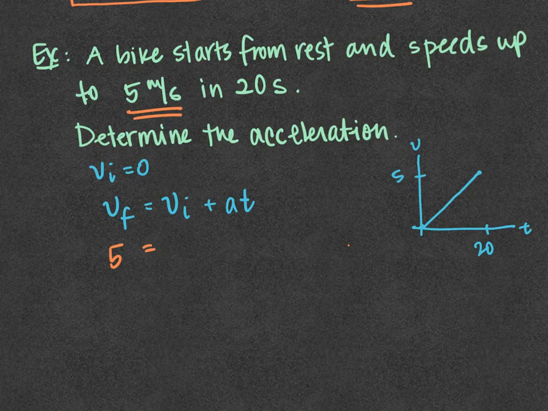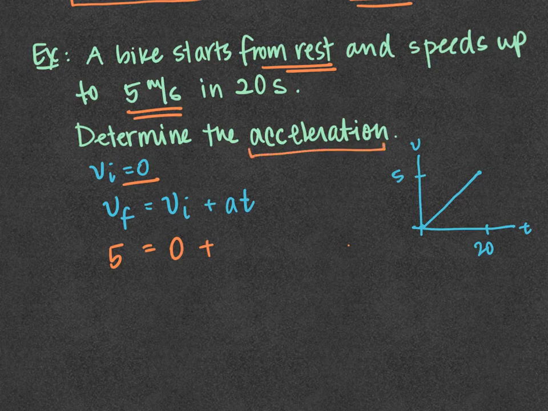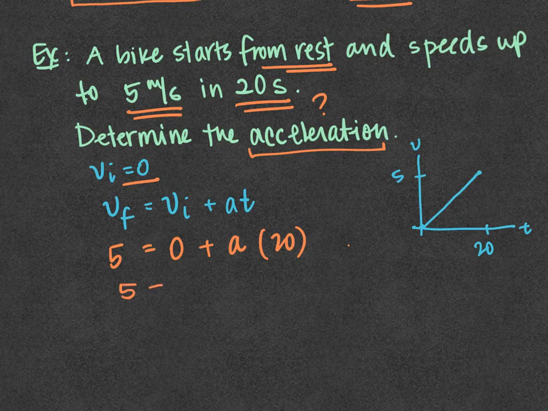Our initial velocity is 0 because it starts from rest. Our acceleration is unknown because that is what we're looking for. And the time is 20 seconds. So we'll put 20 right here. So then this would simplify to 5 is equal to 20a. So 5 divided by 20 on both sides would equal a.